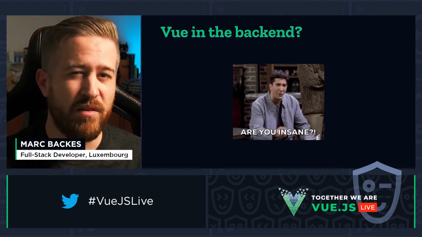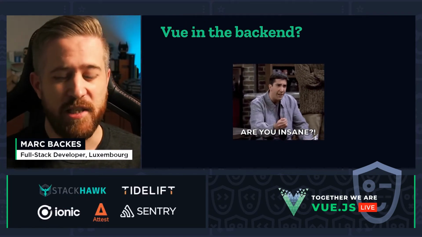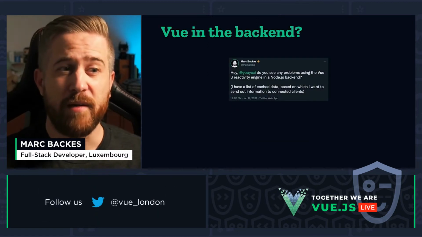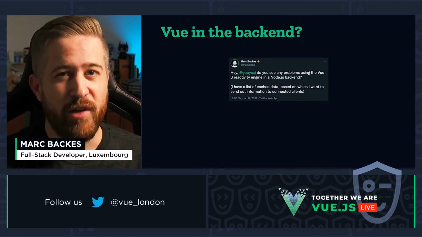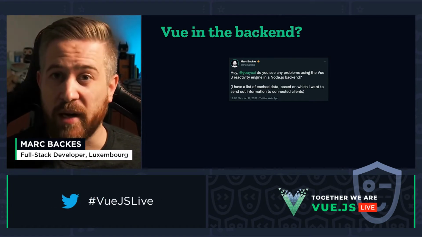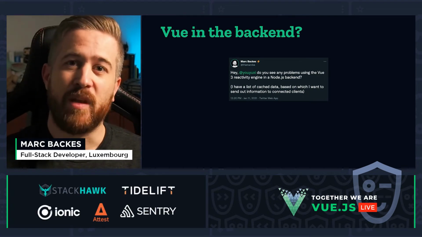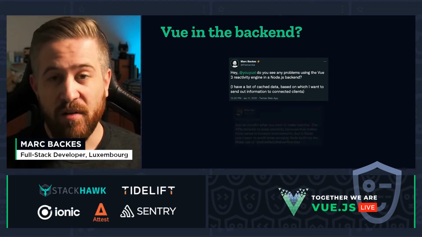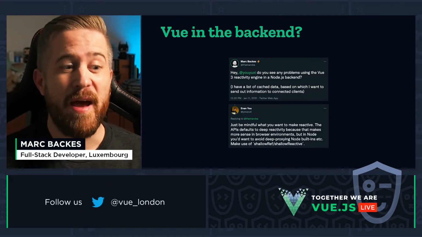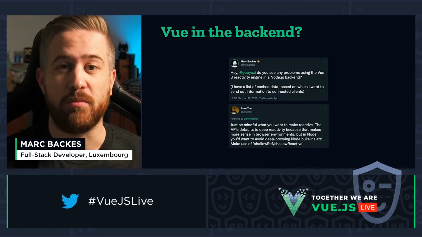I got the idea for this talk earlier this year, and I even tweeted about it. I wrote to Evan You, hey Evan, do you see any problems using the Vue 3 reactivity engine in a Node.js backend? I was glad that he replied. He wrote, just be mindful of what you want to make reactive.